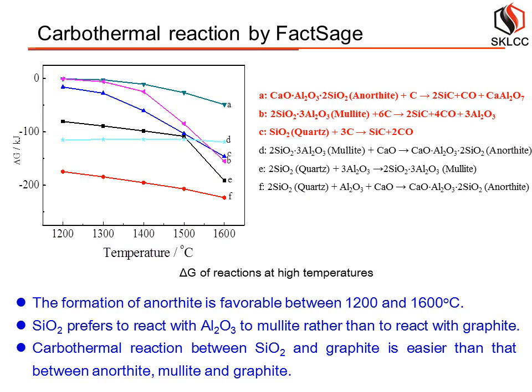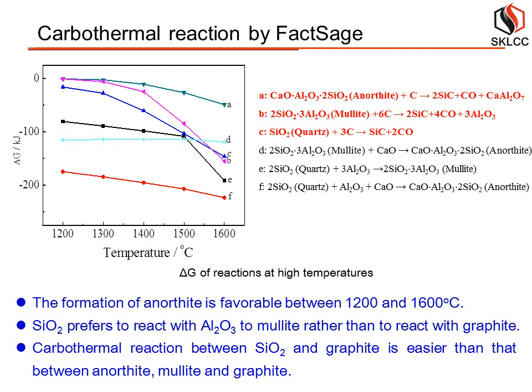The component of CoS is very complex. The mineral matter in CoS can react with each other at high temperatures, and the carbon can also react with minerals. So we wanted to know which reaction is preferred to occur at high temperatures. We used FactSage to calculate these reactions at high temperatures.